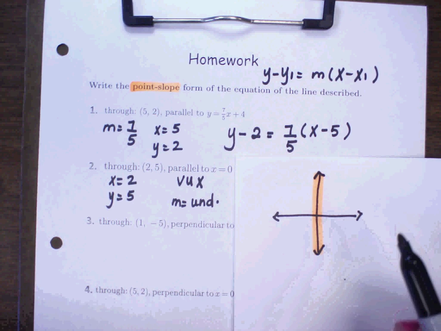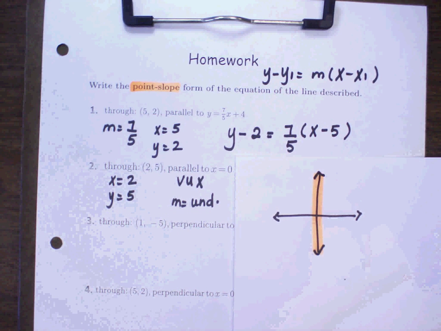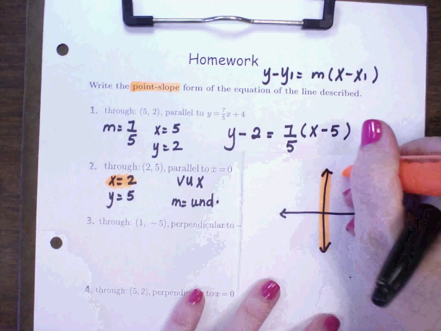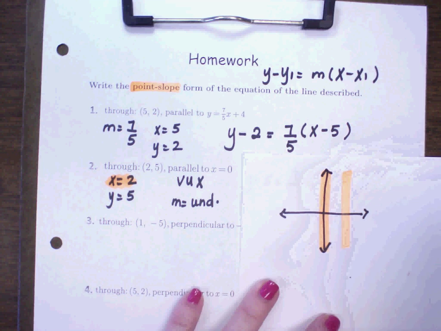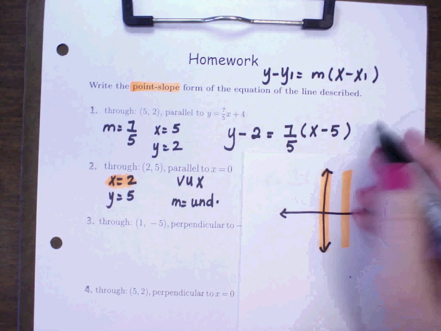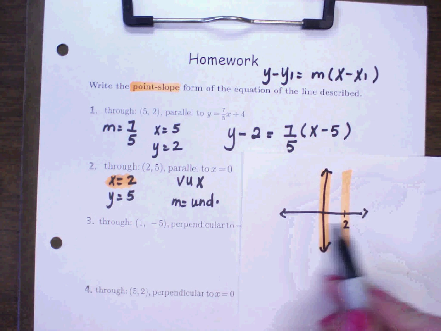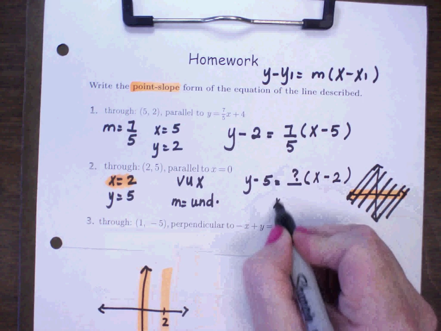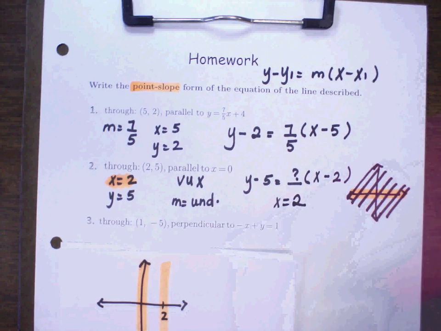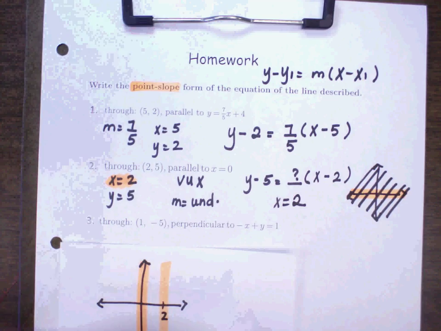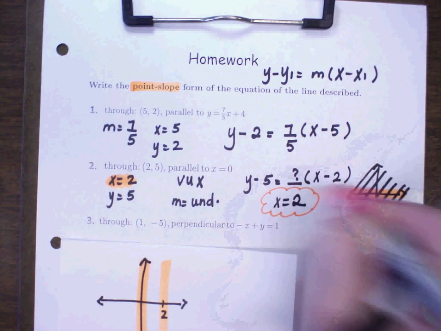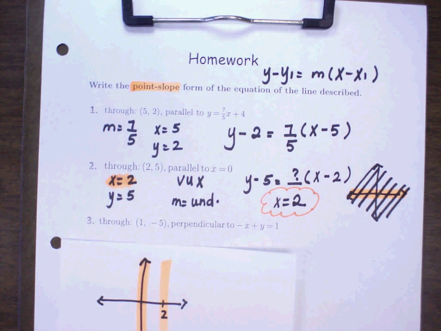It tells you. So you come to 2, and that's the line that is parallel to x equals 0. So what's my line? X equals 2. Okay? All right, sorry about that. It's really easy to get confused.